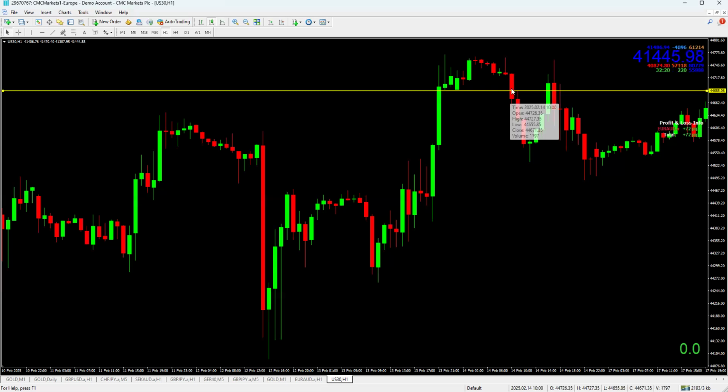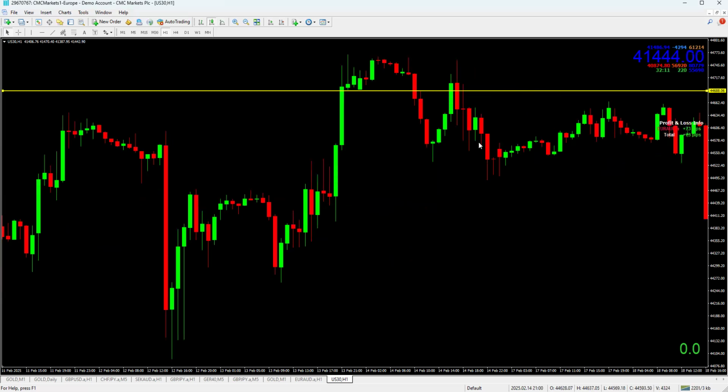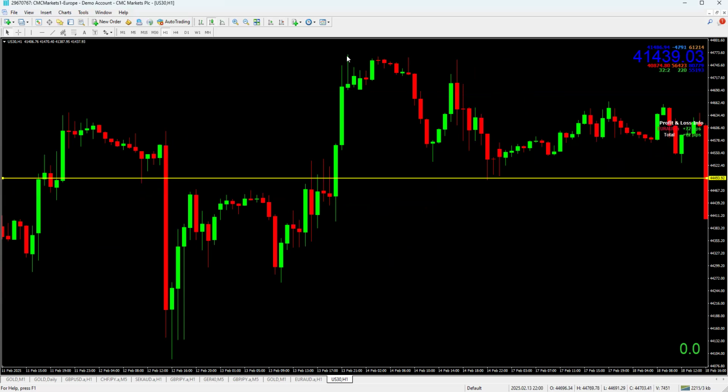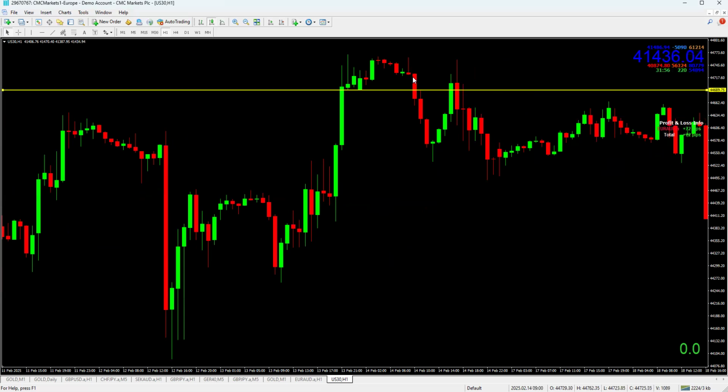Because this was the last bullish candle, it's the candle that was taken out by this one.